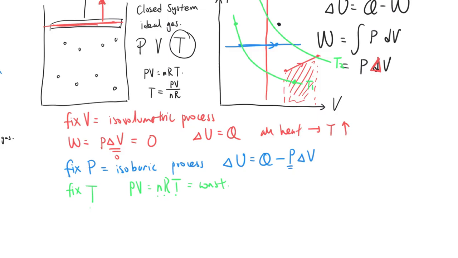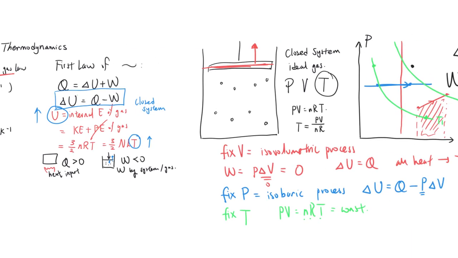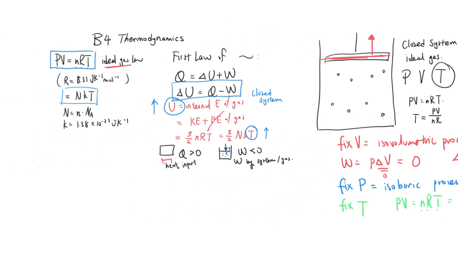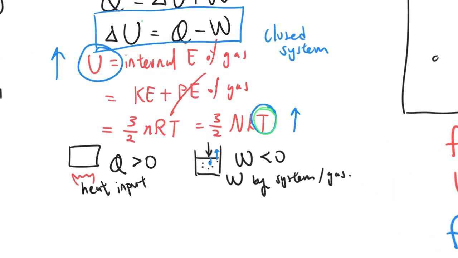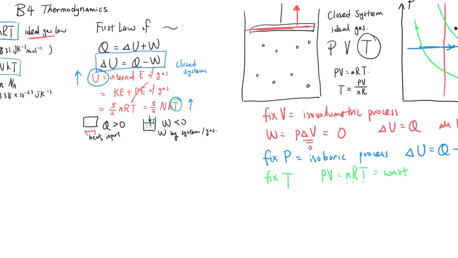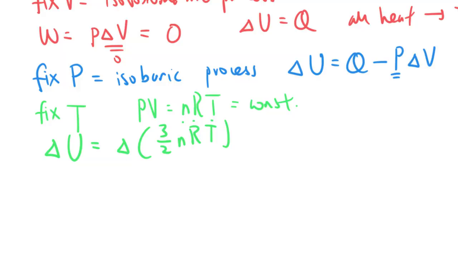Now, what happens when we fix T though? Let me remind you that U is a unique function of T, as we mentioned right over here. So U equals 3/2 nRT. So when you change U, delta U equals delta of 3/2 nRT. Notice that we already said this is constant, but another way to look at it is that T is constant, and all of these are constant.